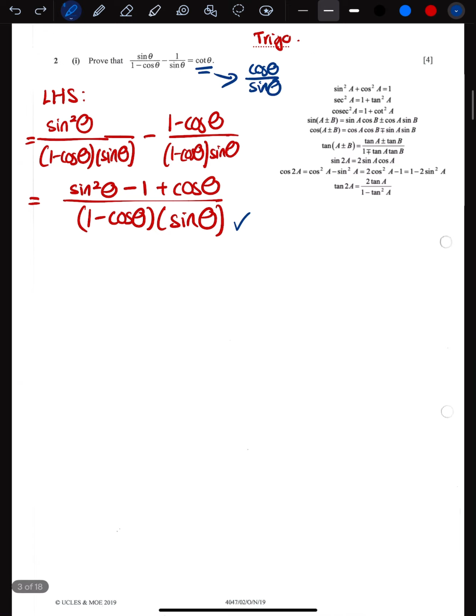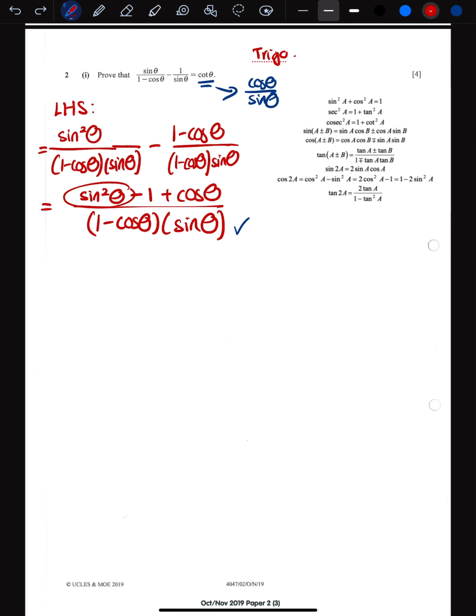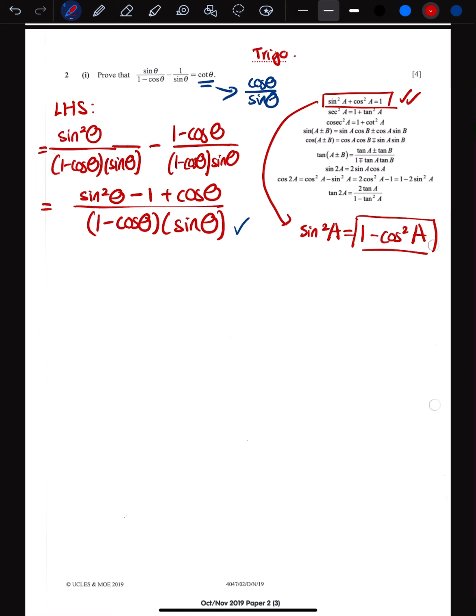So how do I get rid of that? Well, you need to be able to see that I have sine square theta at the top. I want to make all my terms at my numerator become cosine, because I want to try to get rid of the sine. And the only way you can do that is to use your formula sheet, where your first identity, sine square A plus cosine square A equals 1, we can rearrange to get sine square A equals 1 minus cosine square A. Right, so we're going to sub it in.